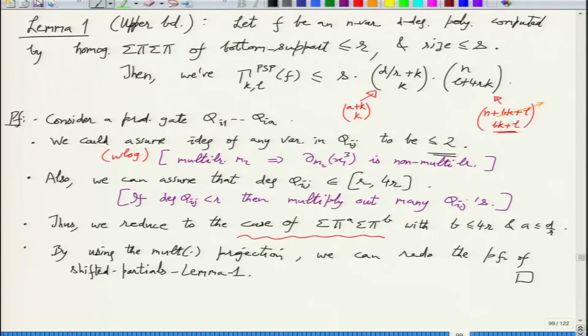Now for the lower bound, you have to show that under these projections rho, gamma should come out to be large, right? So that for some reason has not been done for determinant.